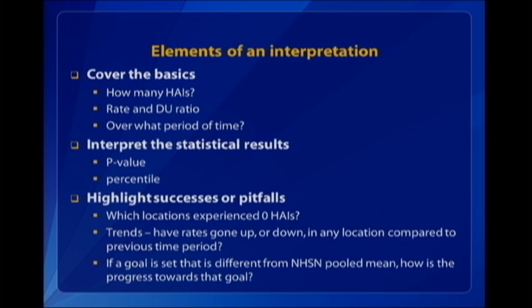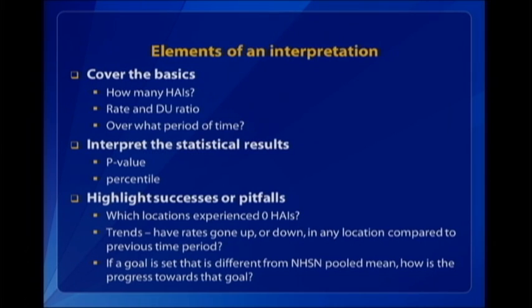Okay, so this is something I've recently added this year with my presentations, and it's the elements of an interpretation. Many of you are probably already interpreting your data with multiple elements, and you're not just relying on a number. First we cover the basics with our interpretation.